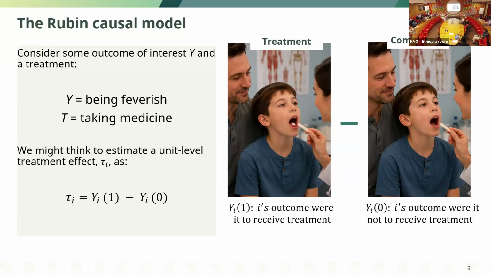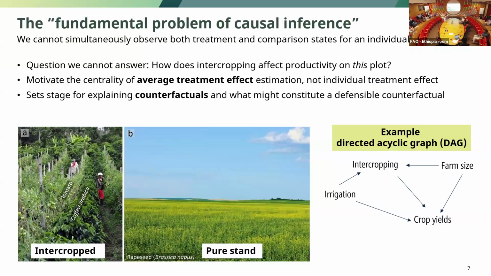Your child has the medicine, and one where your child doesn't. Now, the problem is that there's this thing called the fundamental problem of causal inference. Your child can't simultaneously take medicine and not take medicine. Your child is adopting one of those states of the world and not the other.